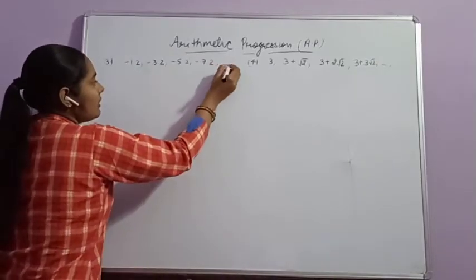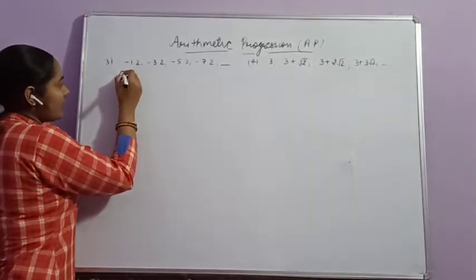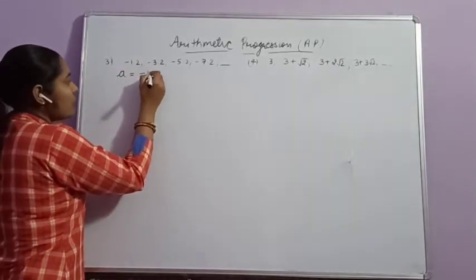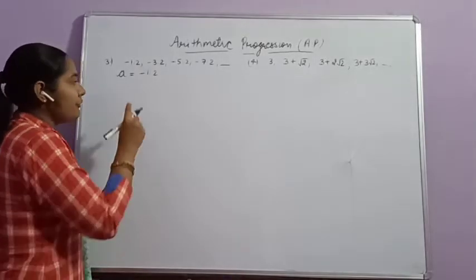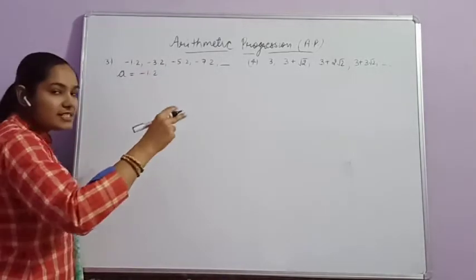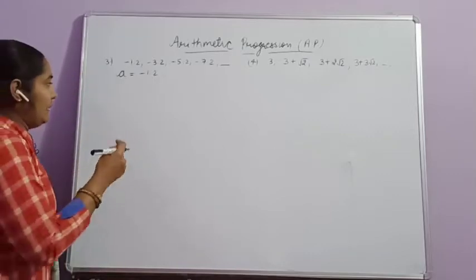Okay. In the first series, the first term is A, that is equal to minus 1.2. Now we have to find D. If the common difference between consecutive terms is the same, then it will form an AP.